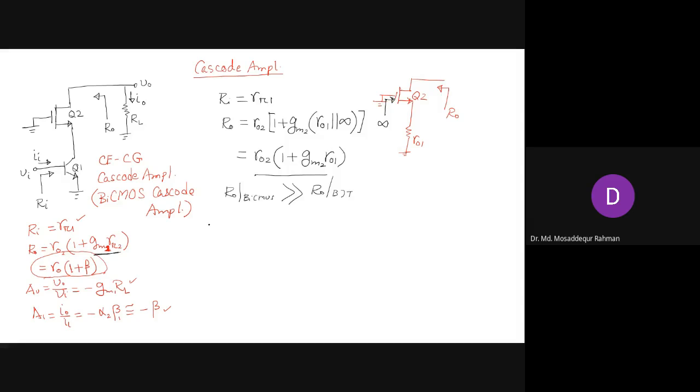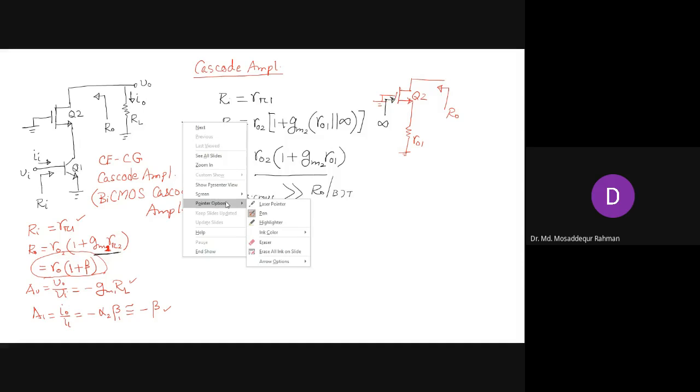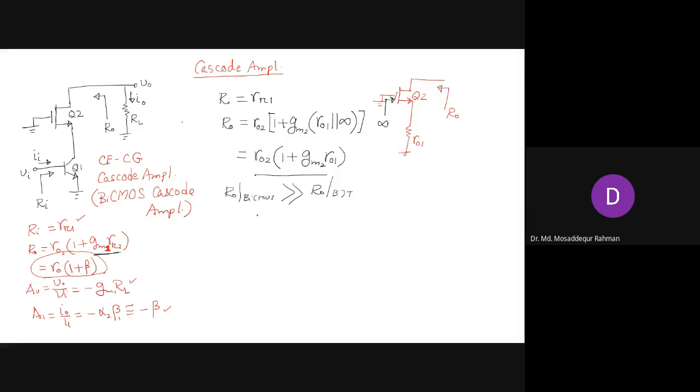And the other parameters remain the same. If you think about the voltage gain, it is the same because the same current flows, the way we deduced in our last class.